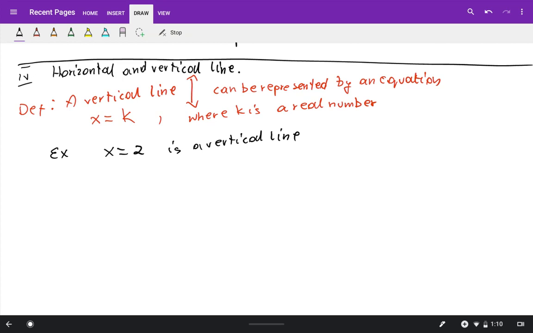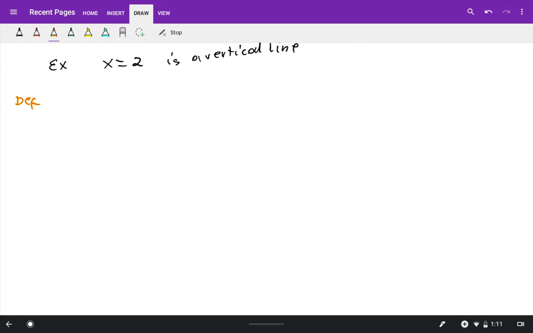Now, let me give you the definition of a horizontal line.